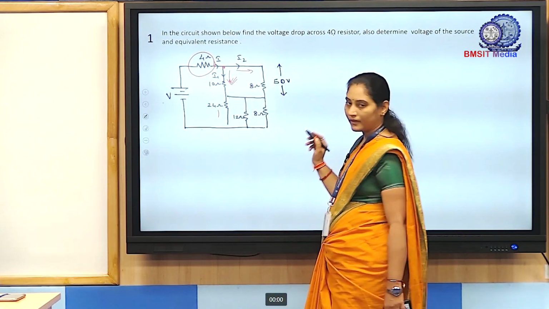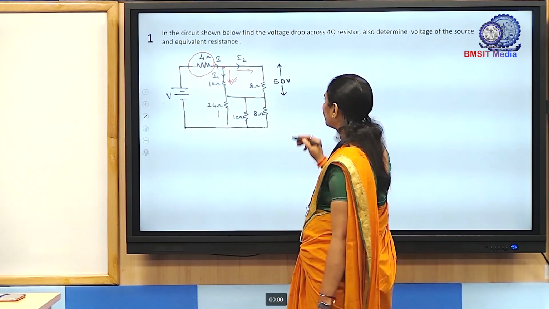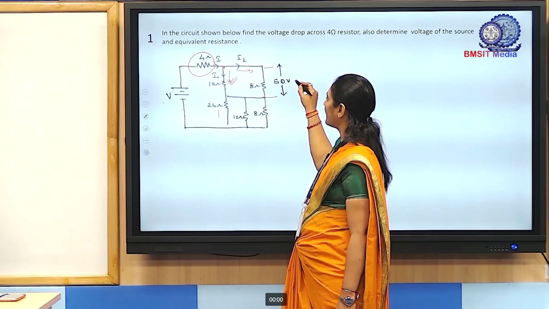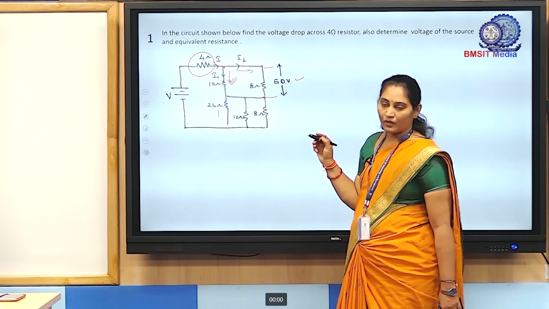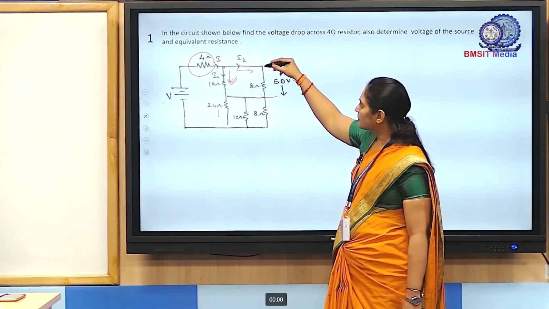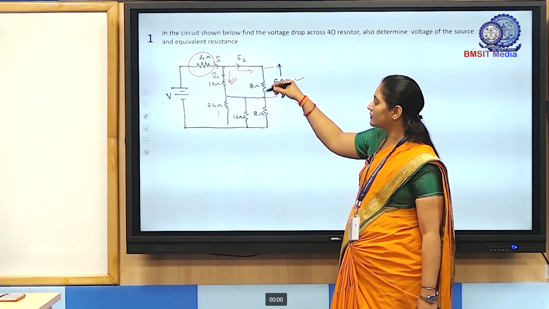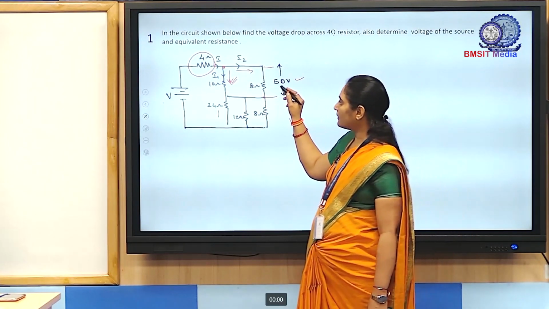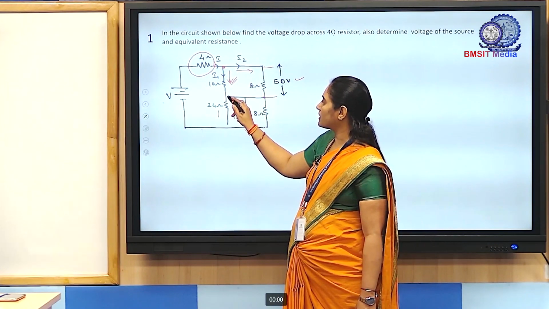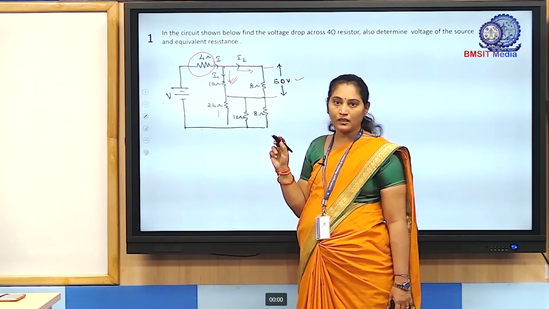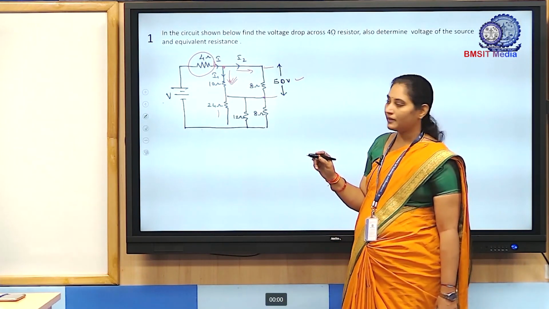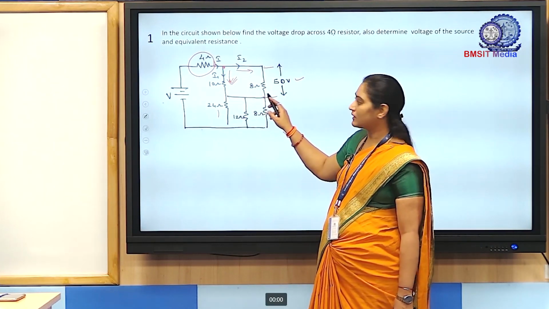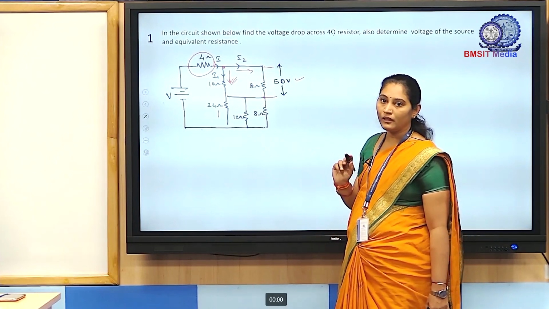From the network we can also observe that the voltage across the 8 ohms resistor is given as 50 volts, which is the same voltage we will observe across the 10 ohms resistor also. So the voltage across the 10 ohms resistor and the 8 ohms resistor is 50 volts.